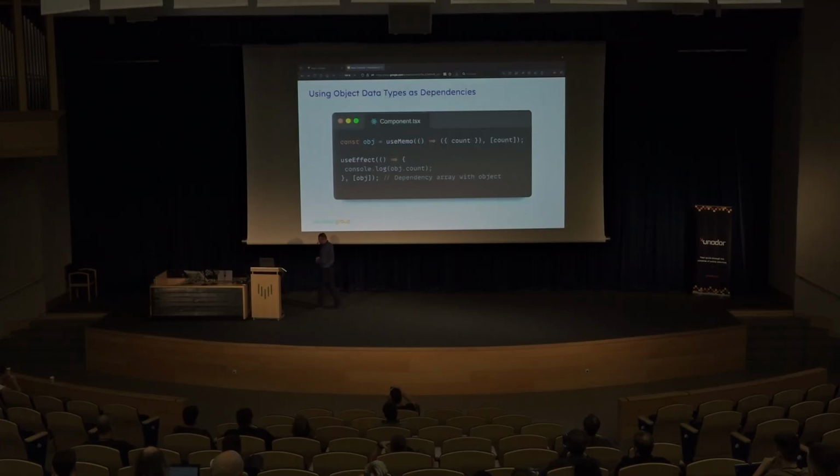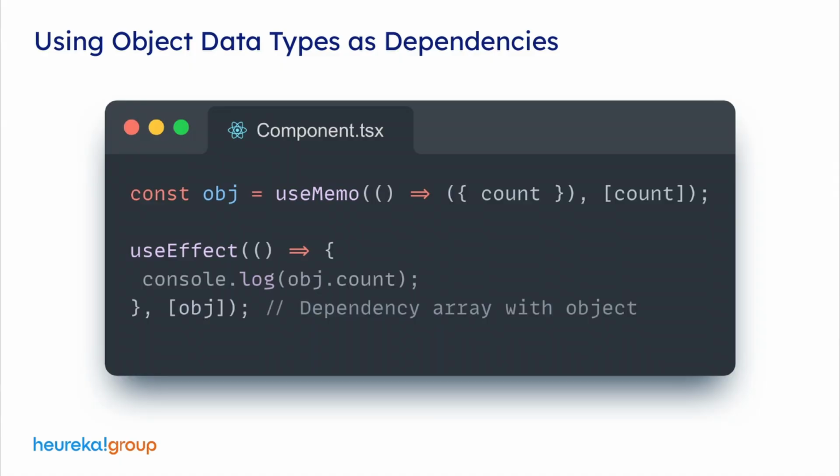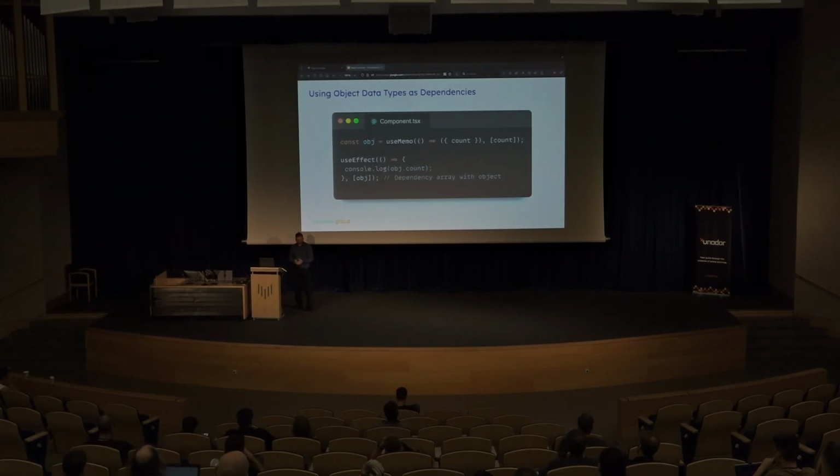We usually memoize object data types with the useMemo hook to memoize the reference. And when we use those objects as dependencies, for example in hooks like useEffect, for correct behavior we have to memoize them.